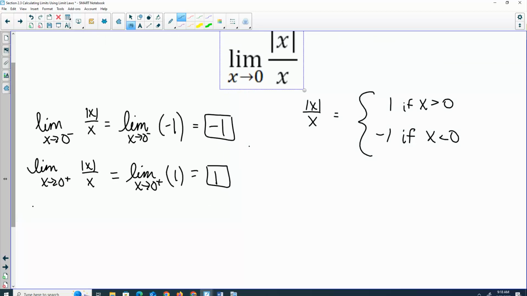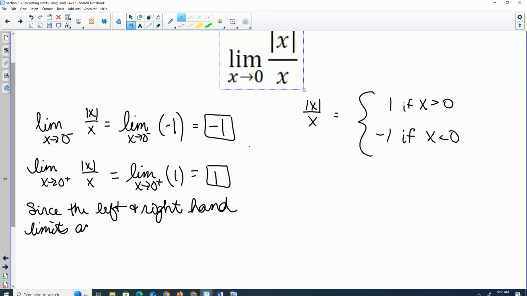So the overall limit, since the left and right hand limits are different, the limit as we approach 0 of the absolute value of x over x does not exist.